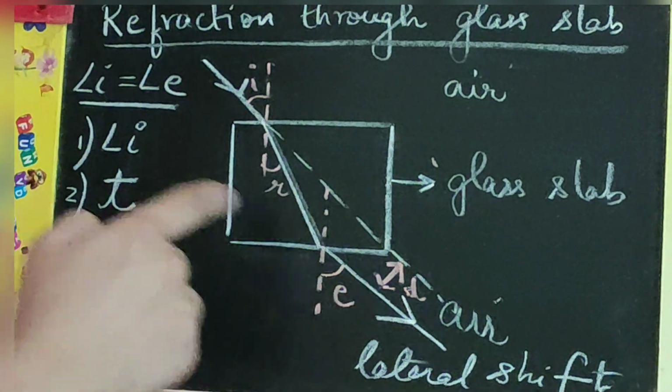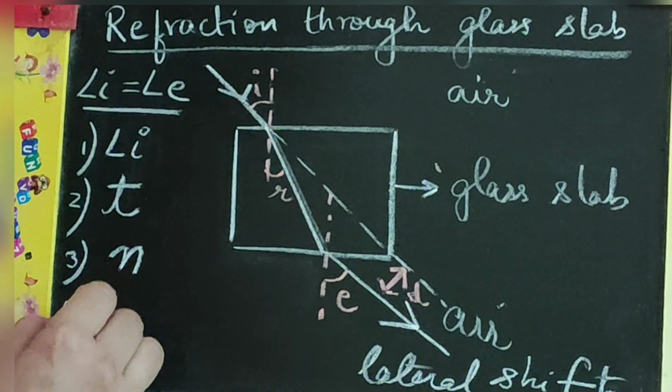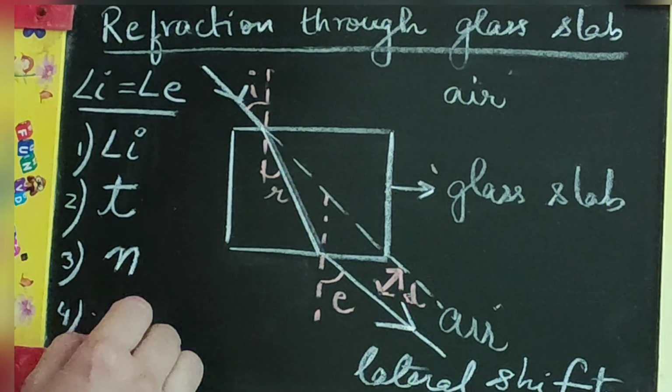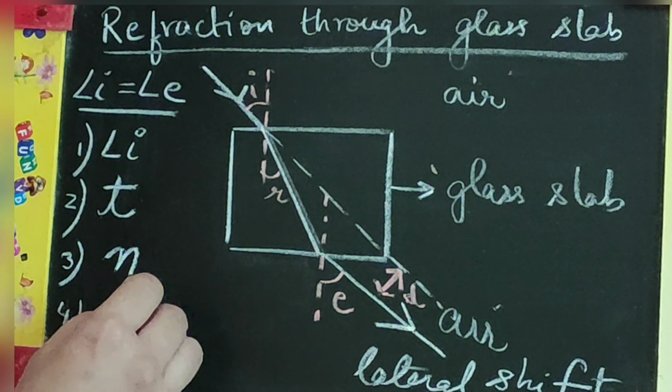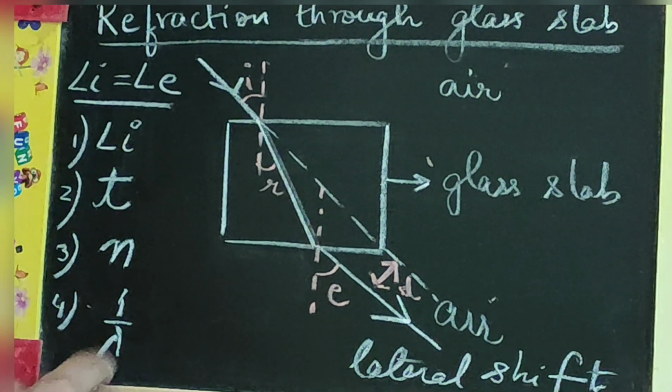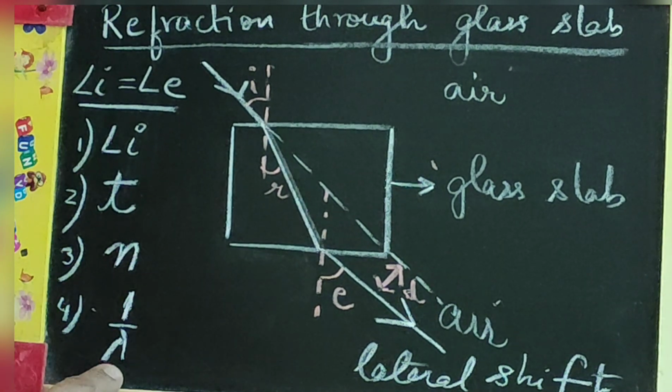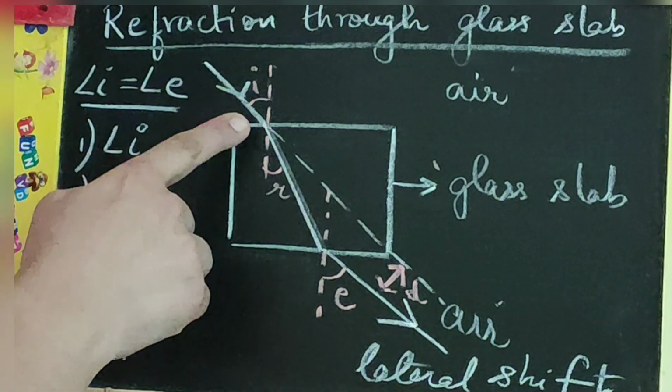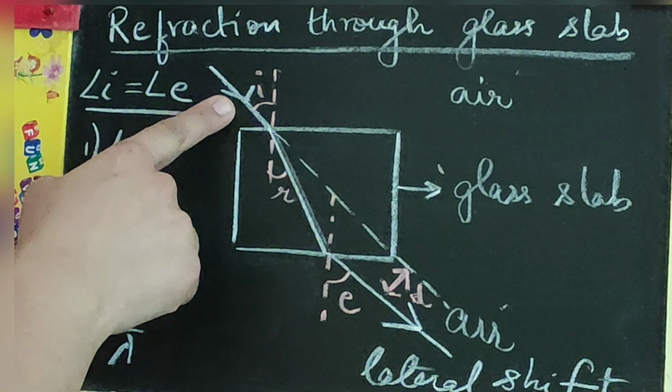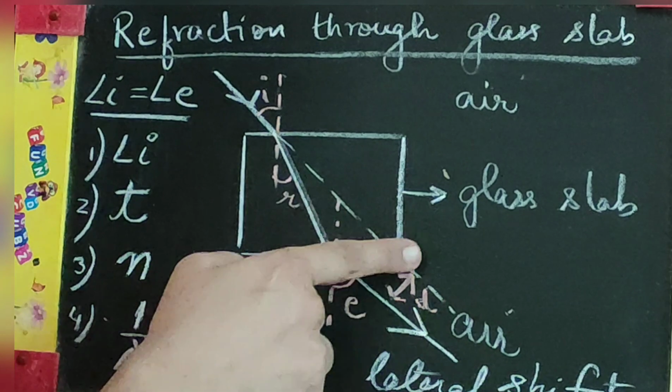More is the refractive index of the glass slab, more will be the bending and hence the shift will be greater. And it is inversely proportional to the wavelength of the incident light. This here is the symbol for wavelength. More is the wavelength of the incident light, smaller would be the shift.